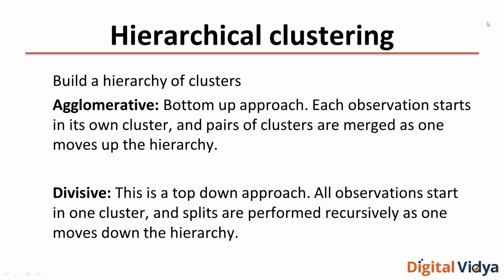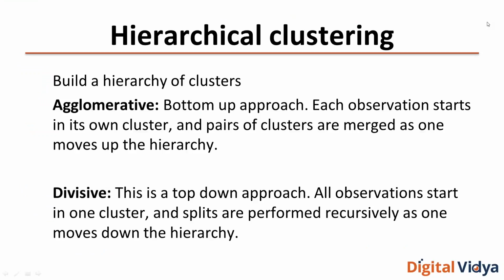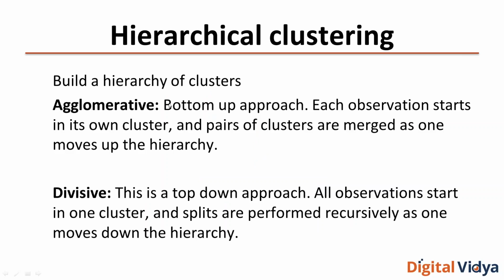Each observation, each data point, you will say is in one cluster. So each observation starts with its own cluster, and then pairs of clusters are merged as you move upward in the hierarchy. So you create a new cluster by merging two existing clusters.